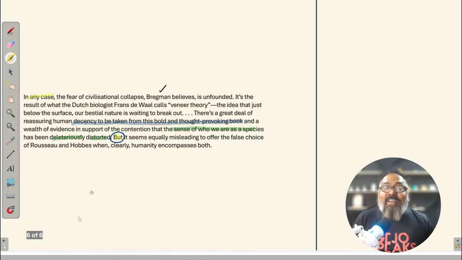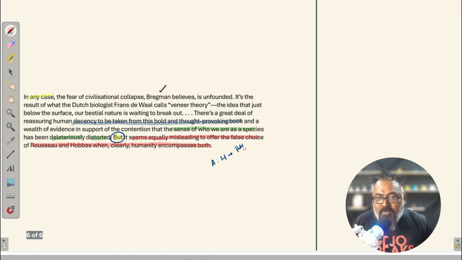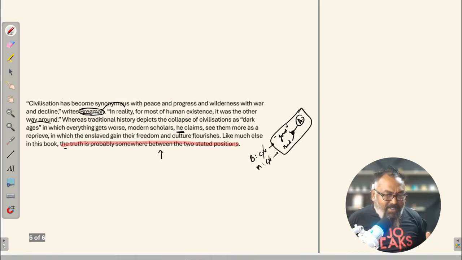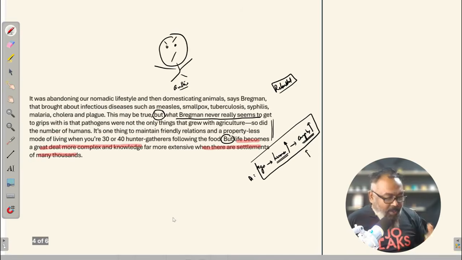Look at the last paragraph now. It seems equally misleading to offer the false choice of Rousseau and Hobbes when clearly humanity encompasses both. Okay, the author is now saying humanity encompasses both Hobbes and Rousseau. So basically, if I understand, this is a simplified way in which Bregman has created this dichotomy.